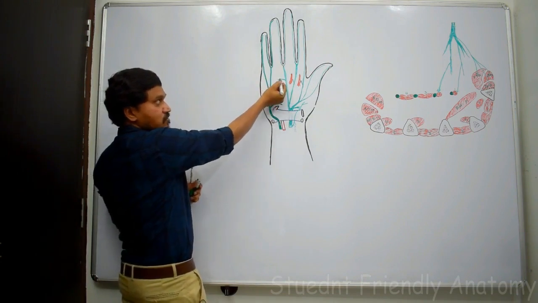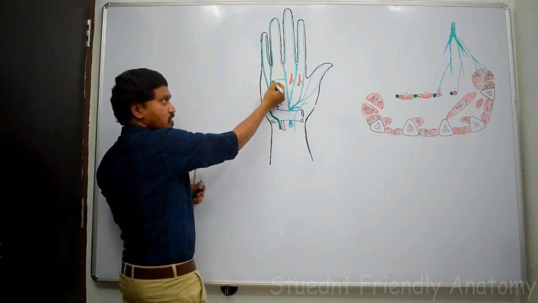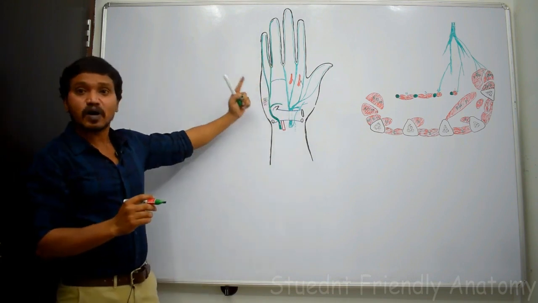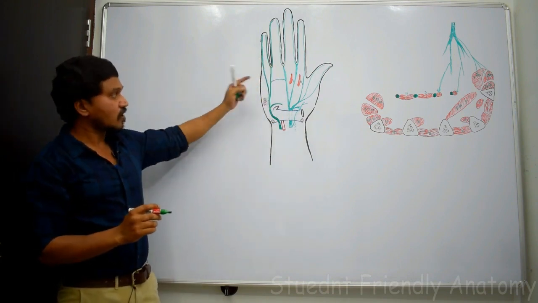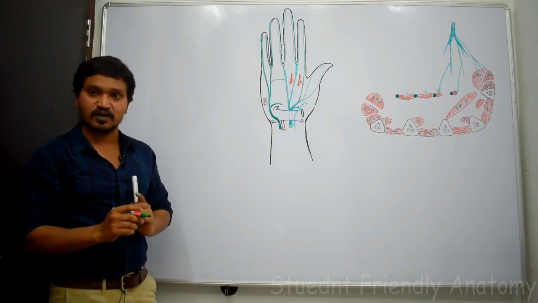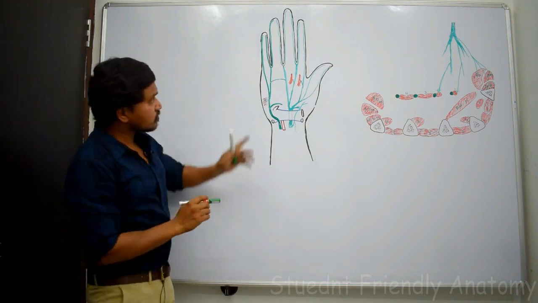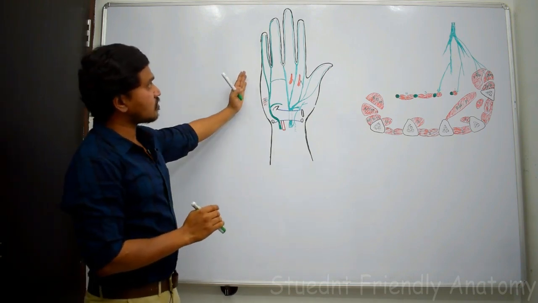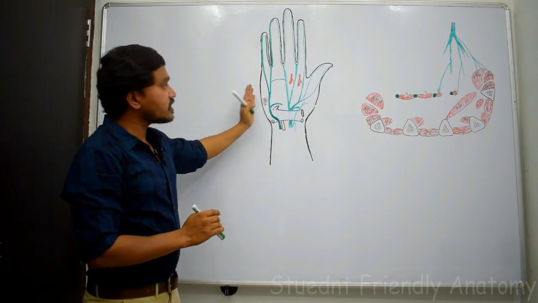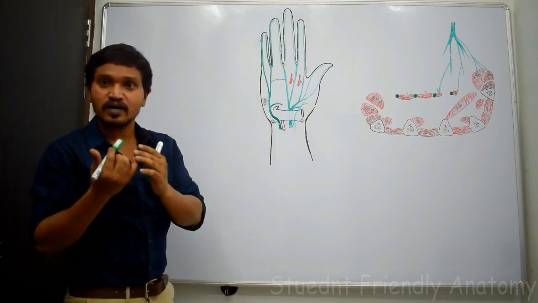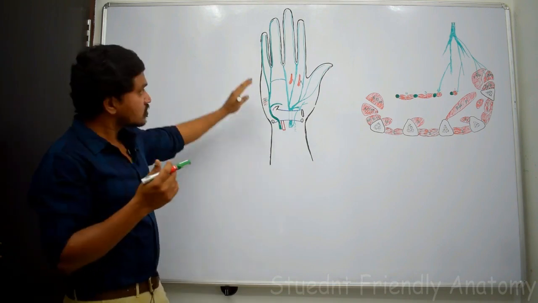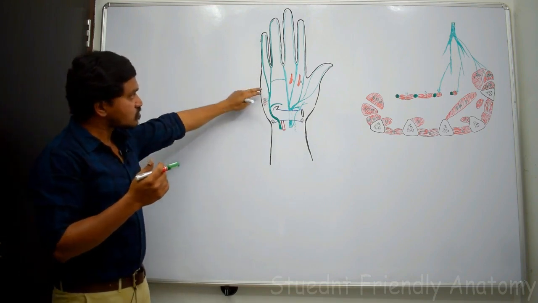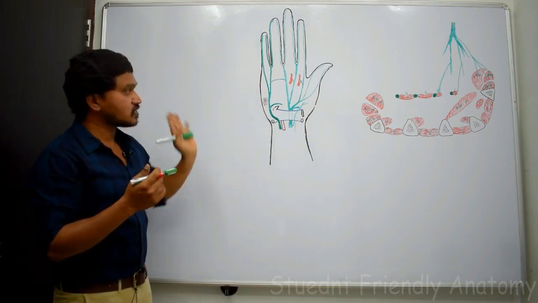This communicating branch from the median nerve communicates with the common palmar digital nerve of the superficial branch of the ulnar nerve. That means the superficial branch of the ulnar nerve supplies the medial 1.5 digits and corresponding nail beds. So this is how the superficial branch of the ulnar nerve is distributed.